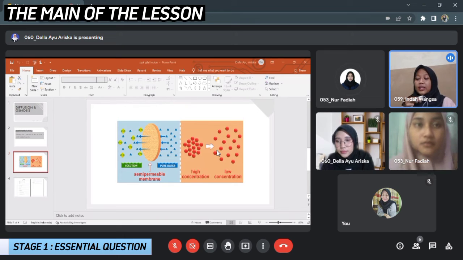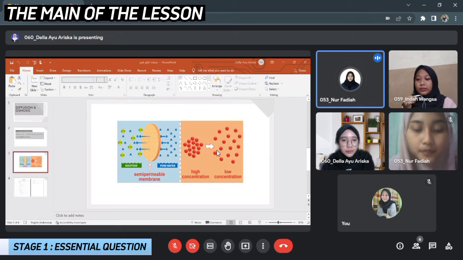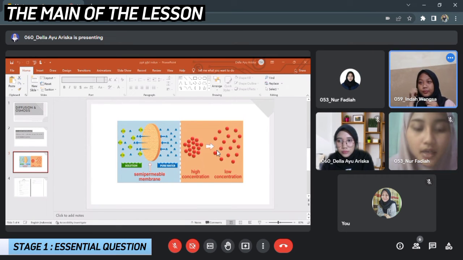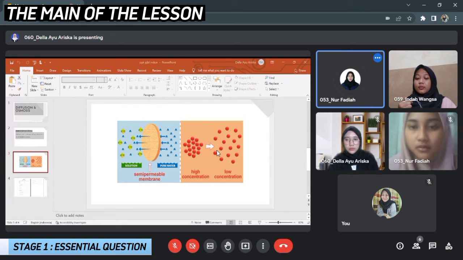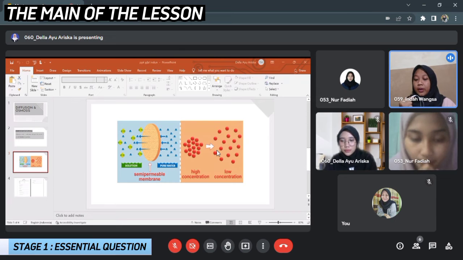So, what is the difference between the processes after seeing the picture? Me, ma'am. Yes, Nur. Diffusion can occur in any mixture, including one that includes a semi-permeable membrane, while osmosis always occurs across a semi-permeable membrane. Okay, nice answer. Thank you for your opinion, Nur.